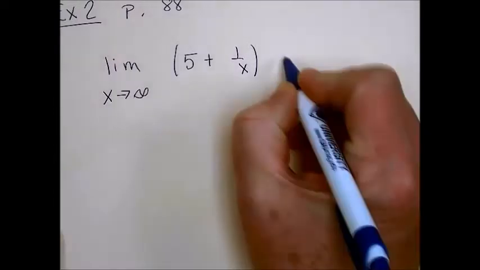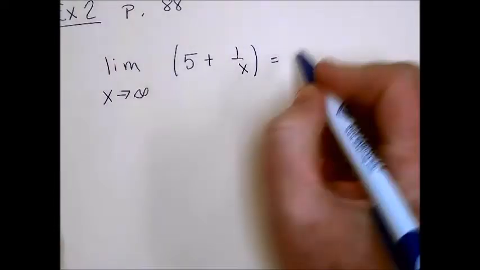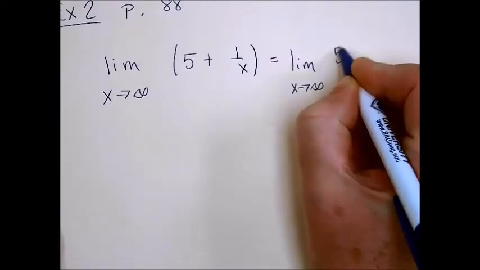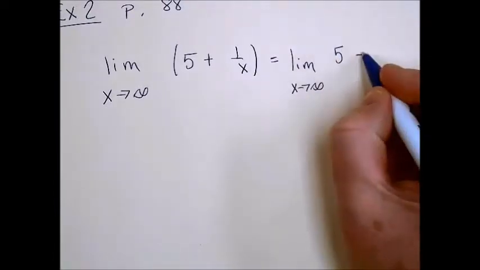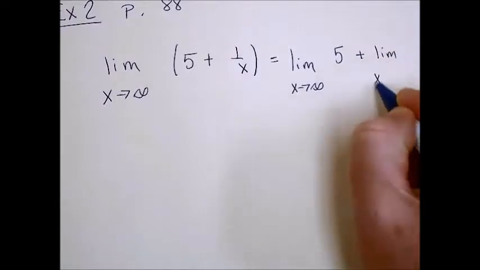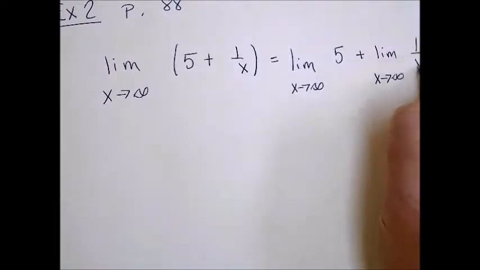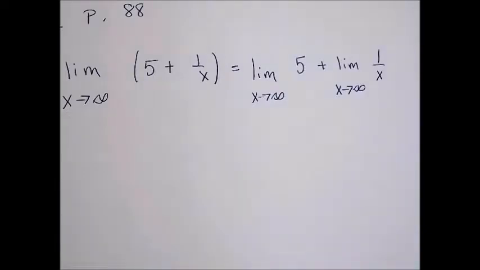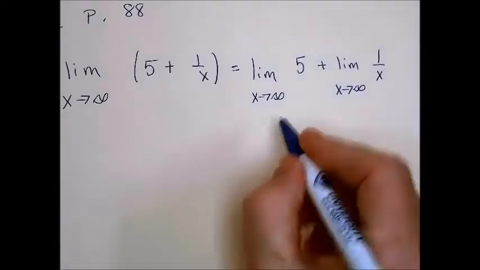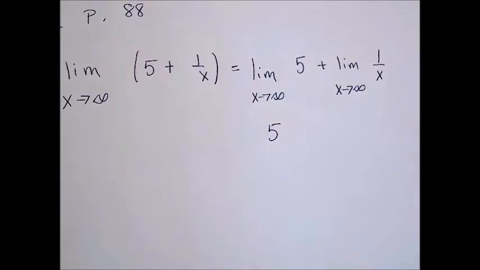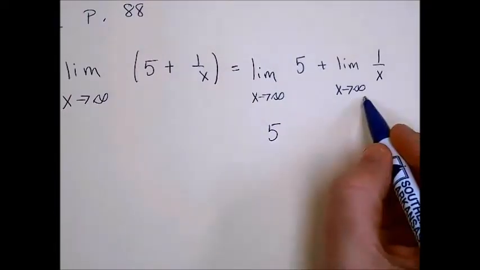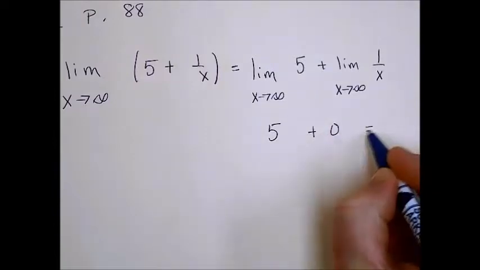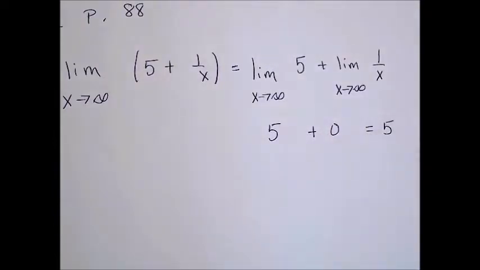So this is really the limit as x approaches infinity of 5 plus the limit as x approaches infinity of 1 over x. Well, we know that the limit as x approaches infinity of 5 is 5. It's a constant. It's not going to change. And the limit as x approaches infinity of 1 over x is 0. So this answer, 5 plus 0, is 5.